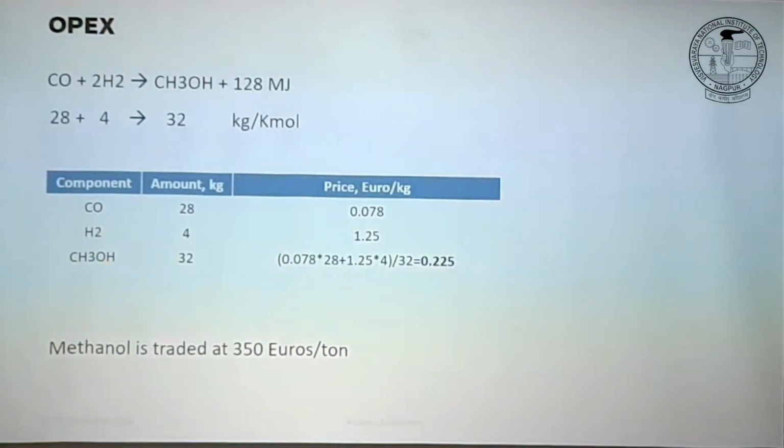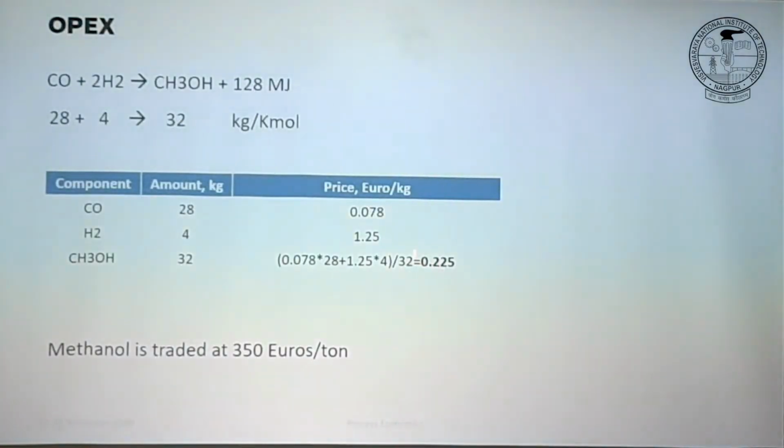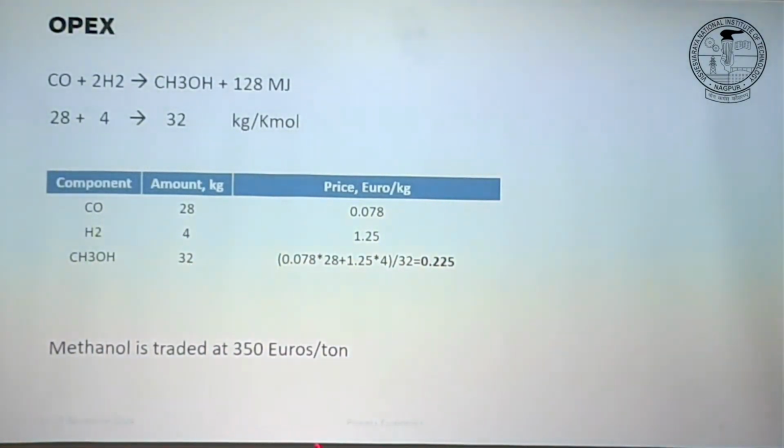If you have to calculate the price of methanol, you can simply do a stoichiometric calculation based on these two individual prices, which I have also shown here. It turns out to be 0.225 euro per kg, somewhere around 225 euros per ton. If you go on the internet and see, methanol is trading somewhere around 300 to 400 euro per ton nowadays. Let's take 350. So you already see you can buy methanol in the market at 350 euro per ton.